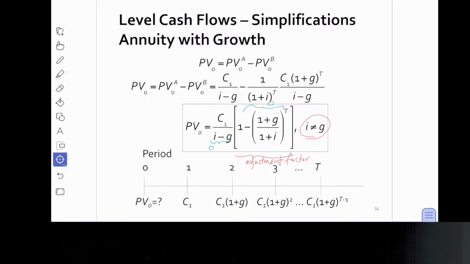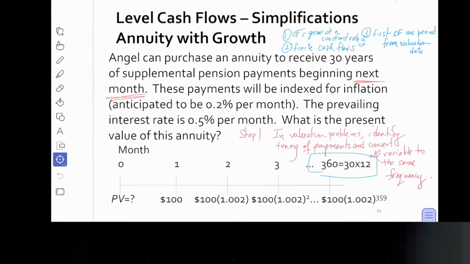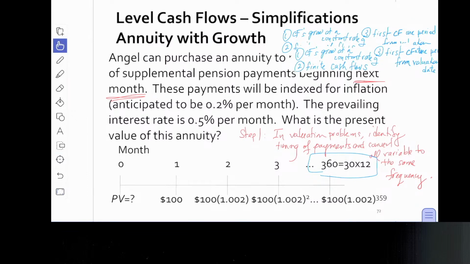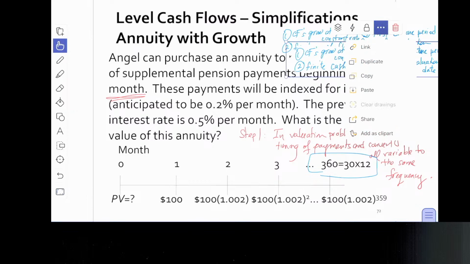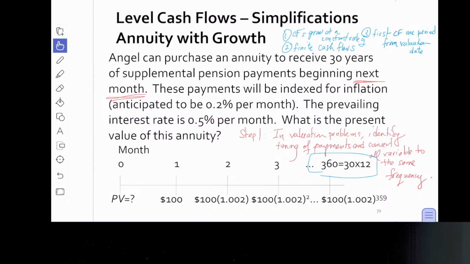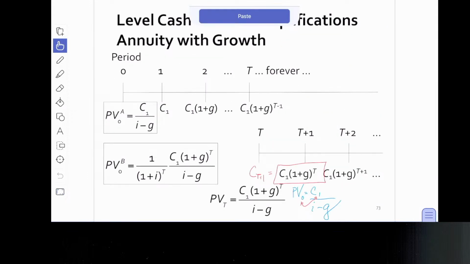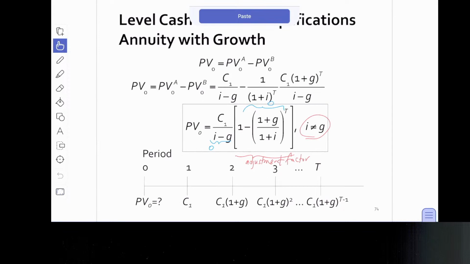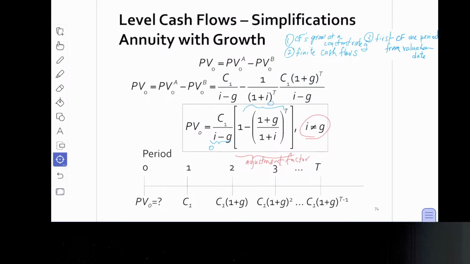All right, so what do we do with this? This is the timeline. Notice the conditions that I wrote out here. I'm going to add one more condition. So these are the conditions for the formula, but I'm going to add one more. The cash flows grow at a constant rate.